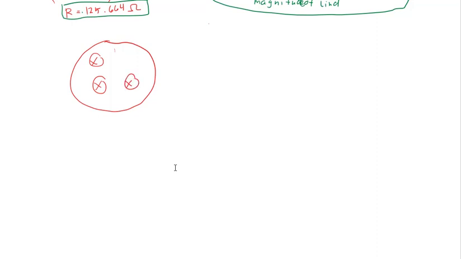We have two things that are increasing: the B field is increasing, and then we also have R increasing. So we can all agree that the flux going into the page is increasing.